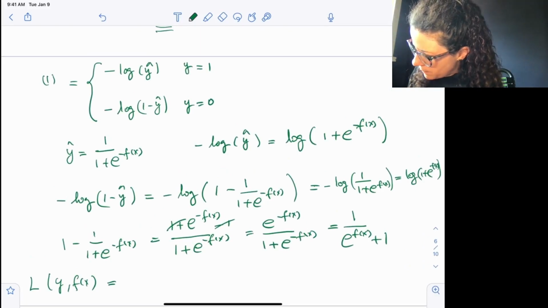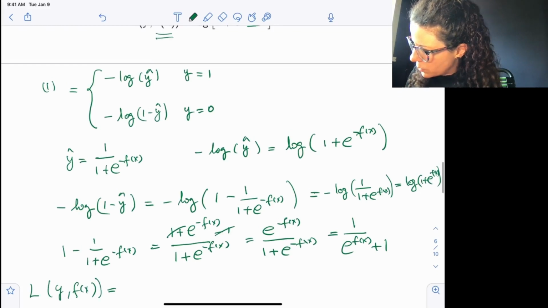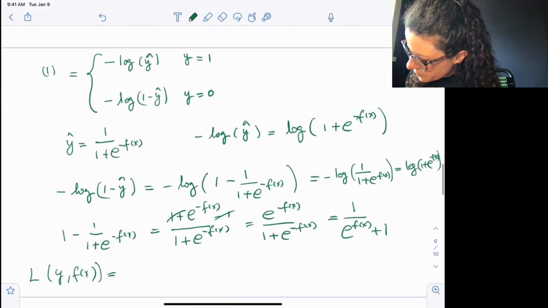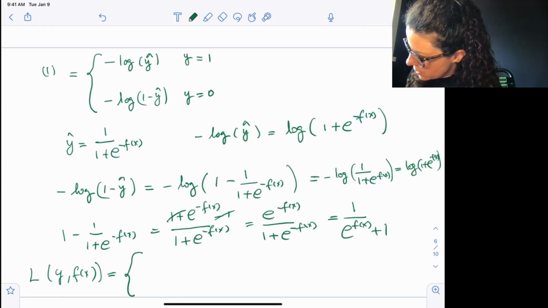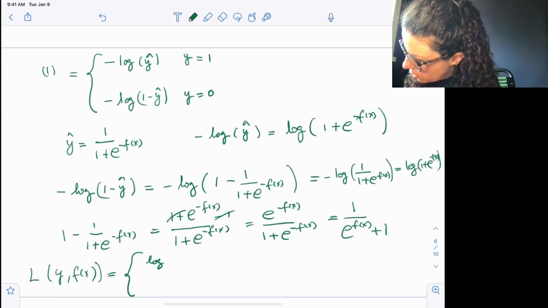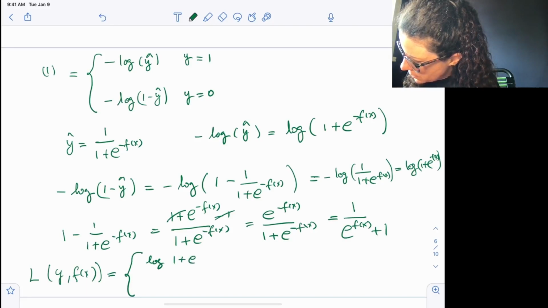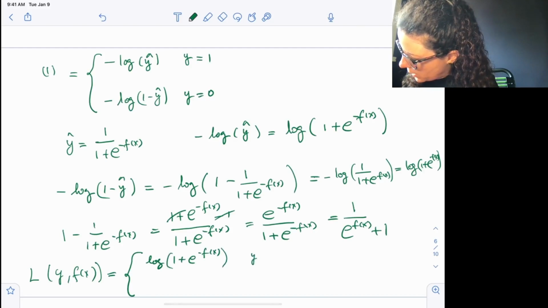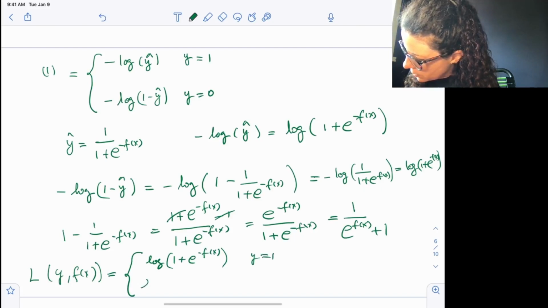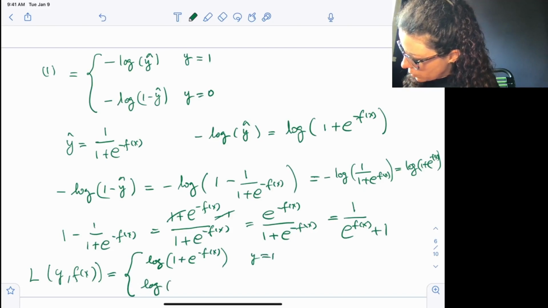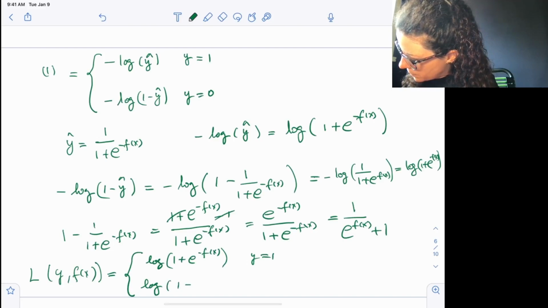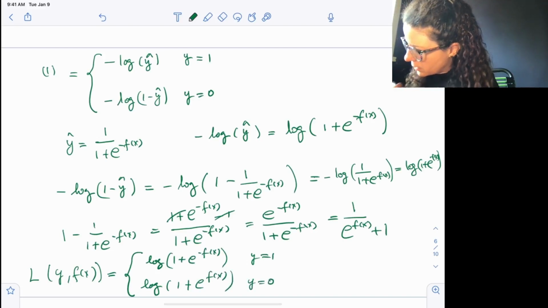So this is equal to log of 1 plus e to the minus f of x for y equal 1, and it is going to be equal to log of 1 plus e to the f of x for y equals 0.